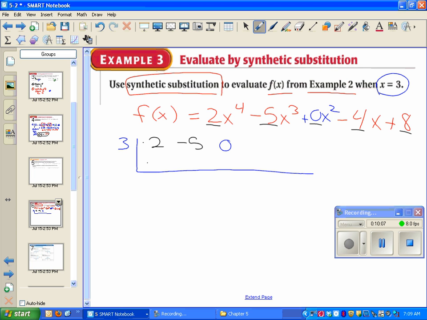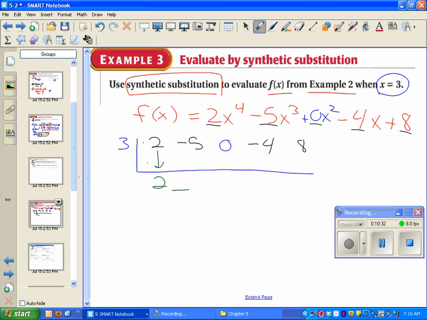So if your function skipped anything, make sure you have a placeholder for whatever it skipped, and then negative 4 and positive 8. Okay, so now it's kind of like a pinball machine where we're going to drop the 2 outside the box. We're going to start with 2, so make sure you draw that arrow because a lot of people will put 3 accidentally. So drop that 2 in place.